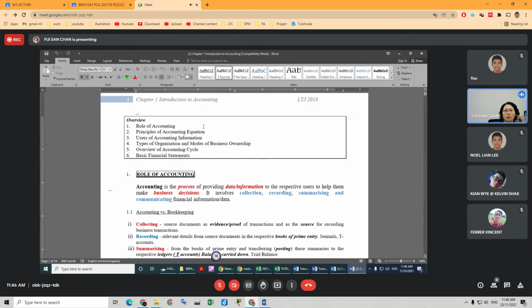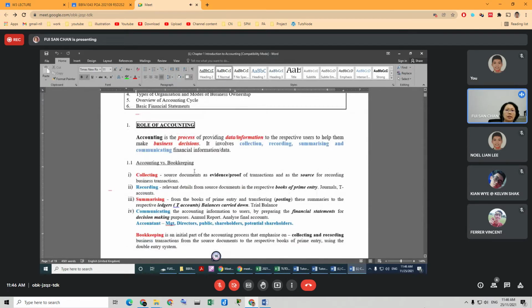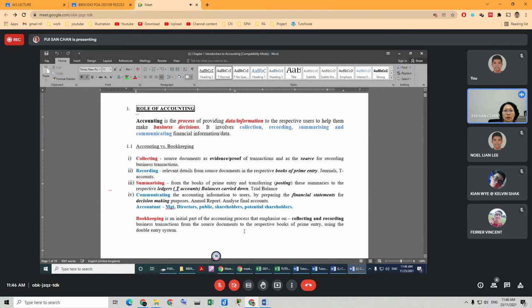So chapter one is basically the very basic one. What is accounting? Bookkeeping is basically you just do recording, but accounting you do everything. In accounting, you have to collect, record, summarize, and communicate.